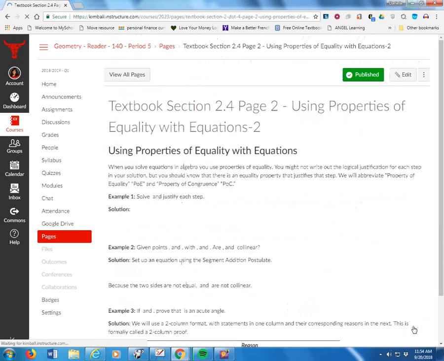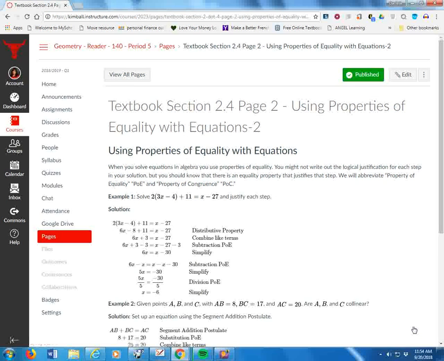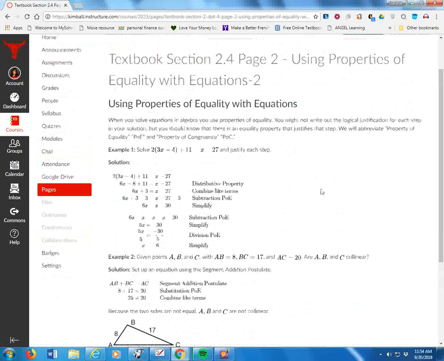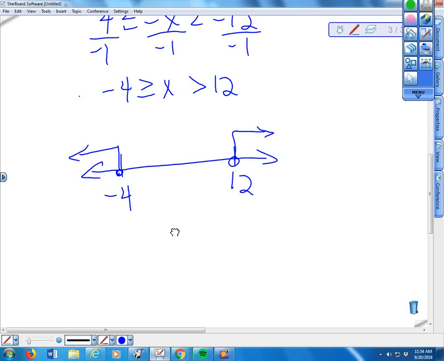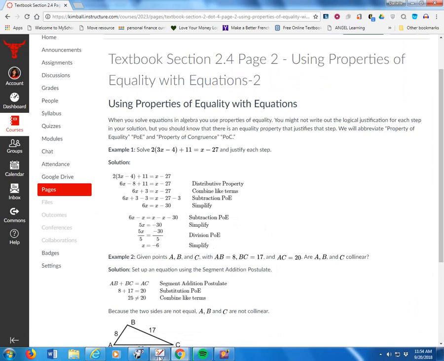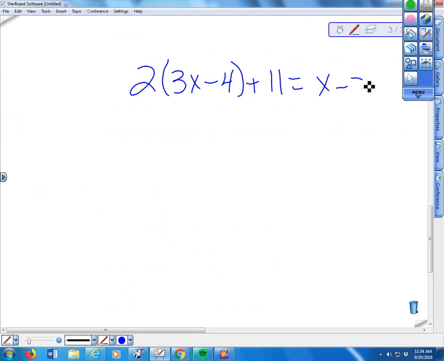We'll just do this problem: 2 times (3x minus 4) plus 11 equals x minus 27. So they want us to prove this.